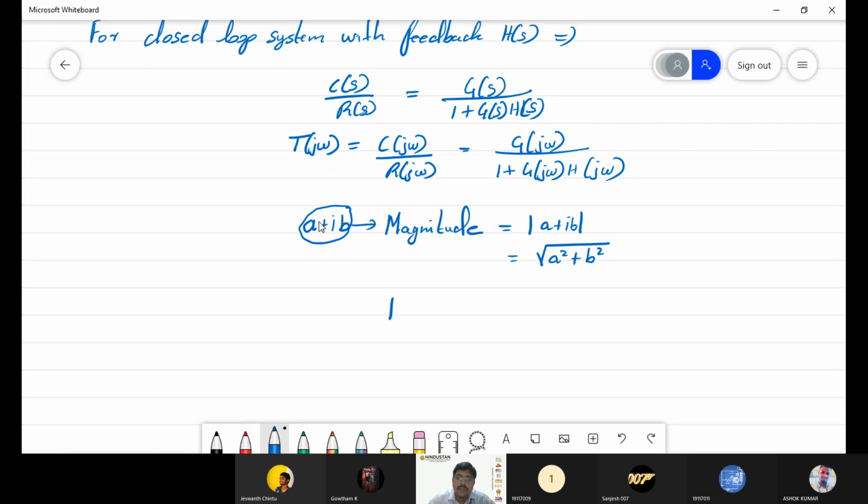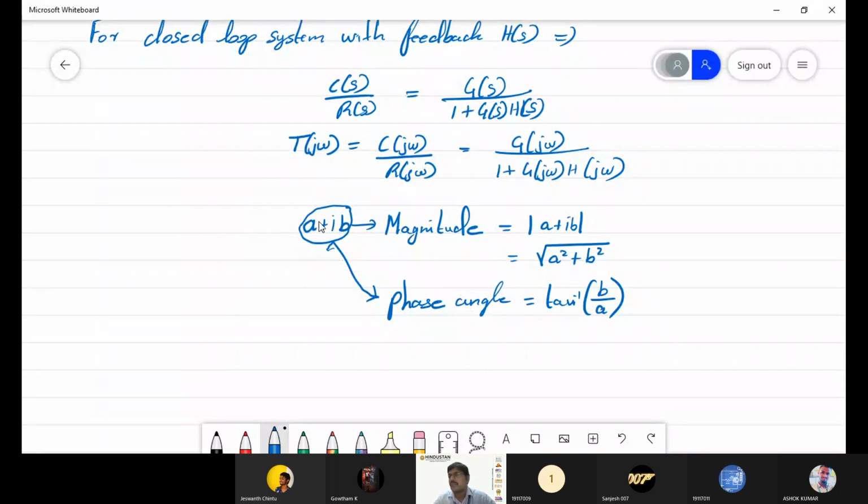Similarly, if you want the phase angle, for the same a plus ib, it is equal to tan inverse of the imaginary part divided by the real part. These things are not new to you.